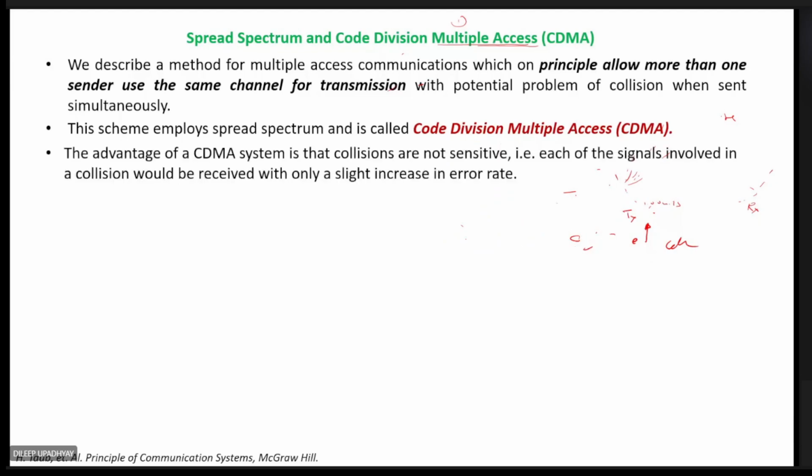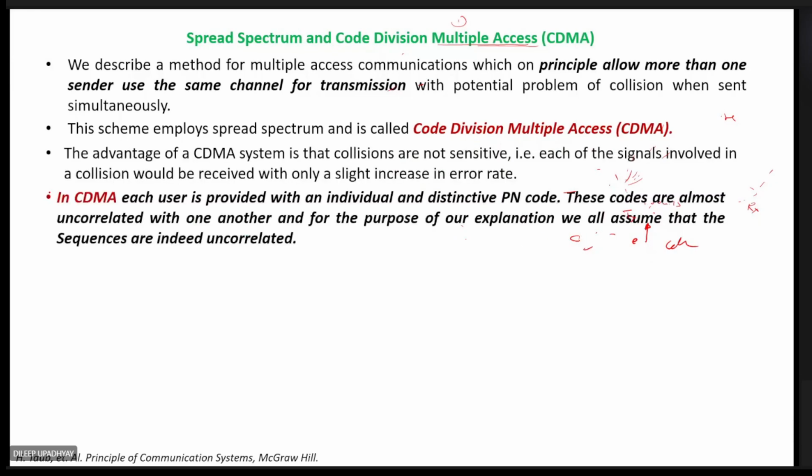What is that? In CDMA, each user is provided with an individual and distinctive PN code. As I told you, in CDMA they use the same frequency band at the same time, but they use different codes. And how do we provide the different codes? Just by using different PN sequences. So in CDMA, each user is provided with an individual and distinctive PN code.